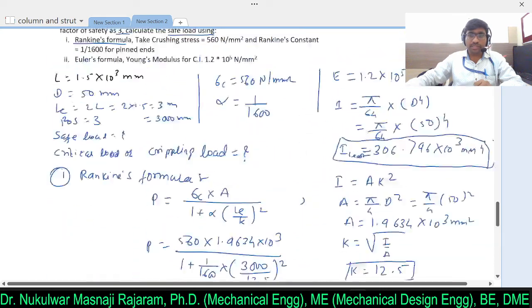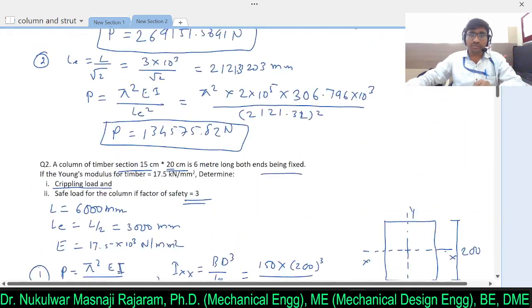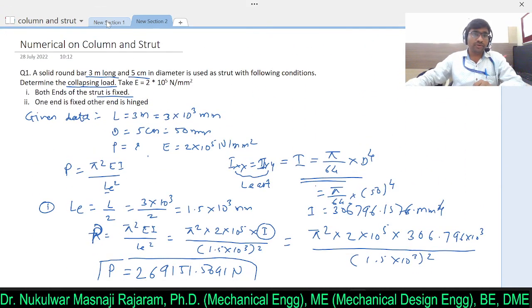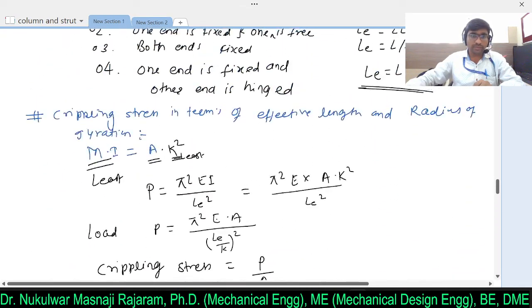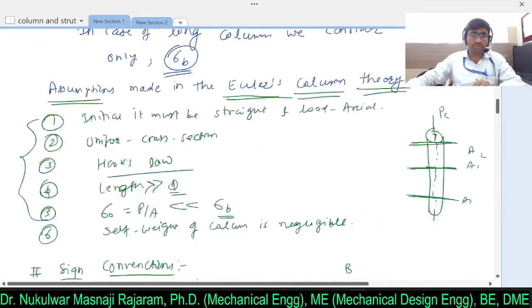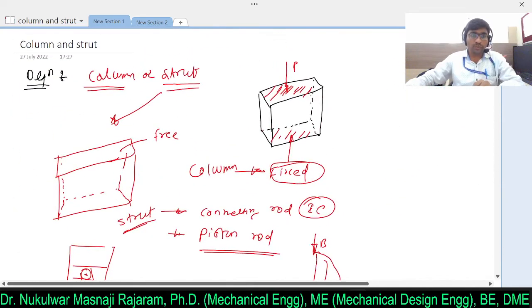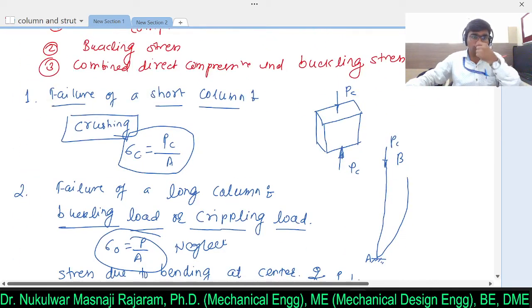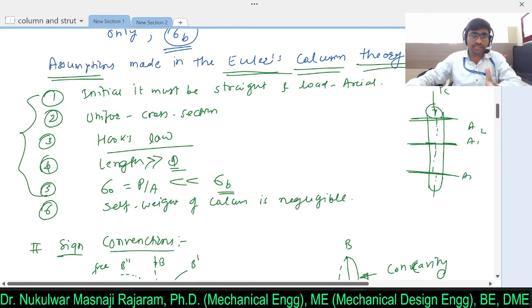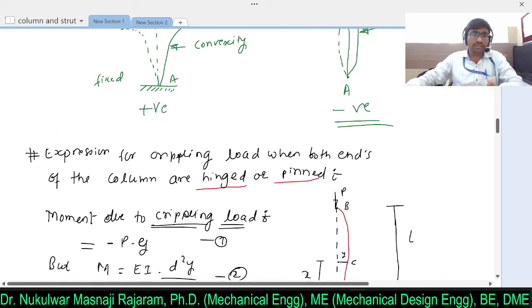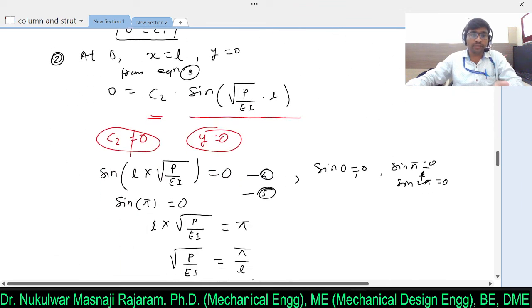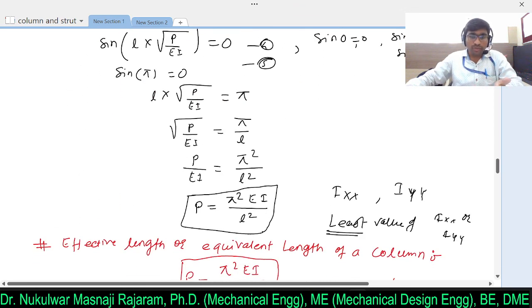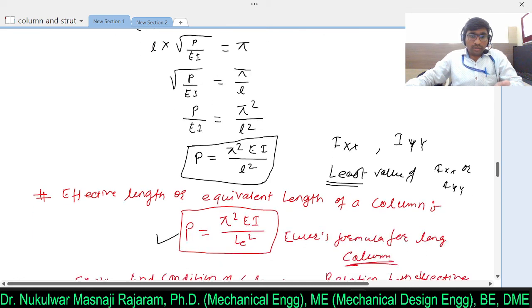I hope you understand all the numericals which we saw today, and if you have not seen the last video, then please see it, which includes all the information regarding what is a column, what is a strut, how the failure takes place, what the stresses are, what the assumptions are, then the sign convention, and how we evaluate the formula for the crippling load.